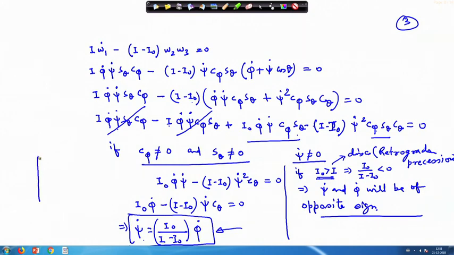So, psi dot we assumed to be in the positive direction, which means it is anti-clockwise, and from here what it says is that if psi dot is positive, phi dot is bound to be negative. And here one more thing is missing: psi dot equals I 0 divided by I minus I 0, and this has C theta also. So, here we have to write C theta.